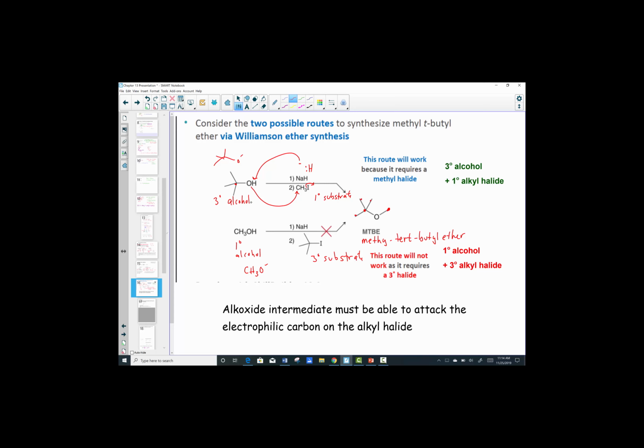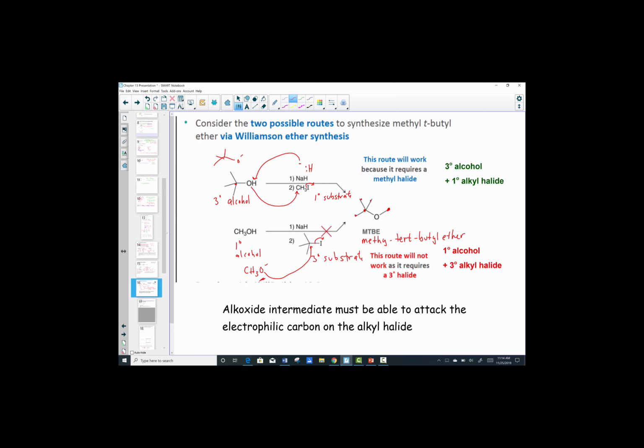So both of those are relatively easy to form. They would both be deprotonated, but then we have to be sure that the substrate can actually undergo an SN2 nucleophilic attack. How easy is this oxide ion in the methoxide? Is it able to attack a tertiary substrate, forcing the leaving group to leave?